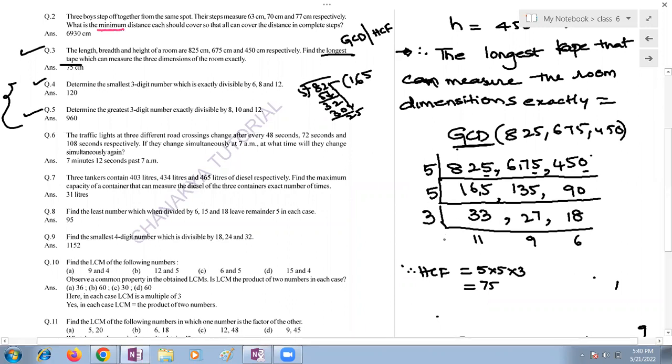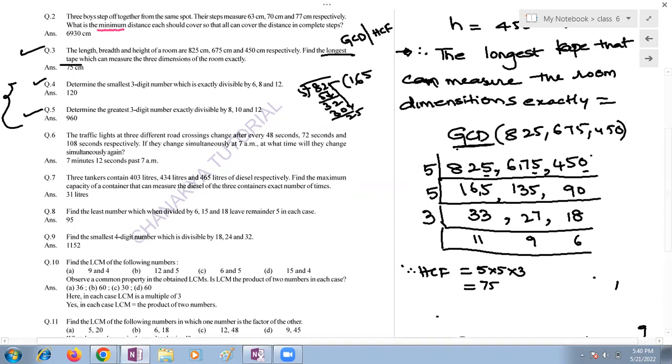Suppose I take it further, you are telling me, ma'am, you can take the 3 table. 3 will not be divisible by 11. Of course it is divisible by 9 and 6, but all 3 numbers should be divisible.